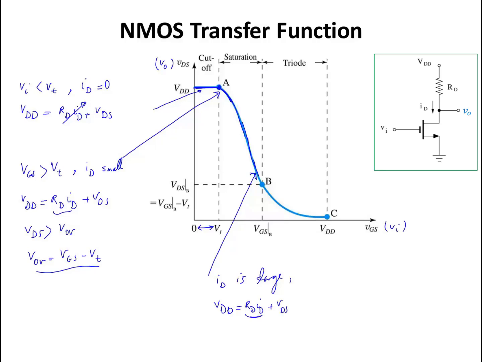If ID is a large number, RD times ID is also large, and VDS is going to be a small number, smaller than VDD.